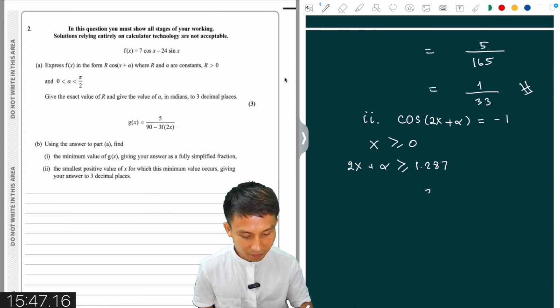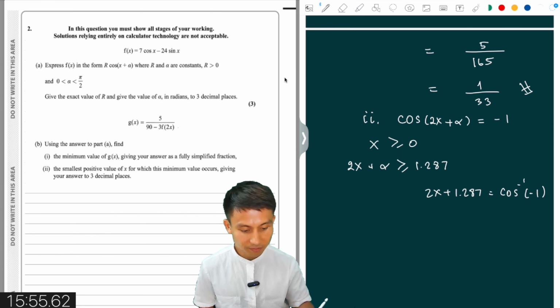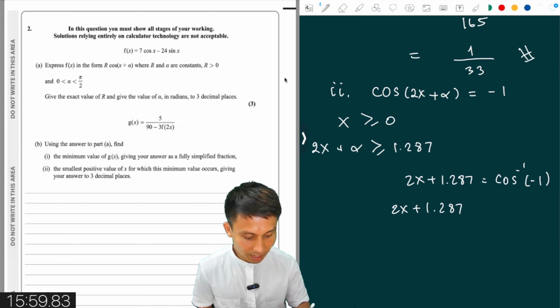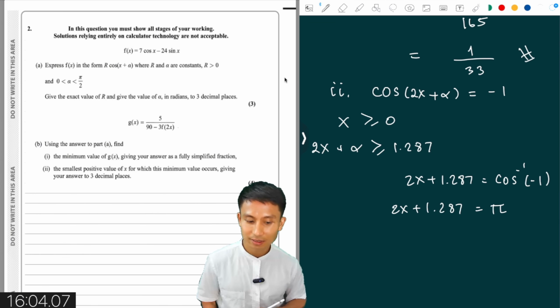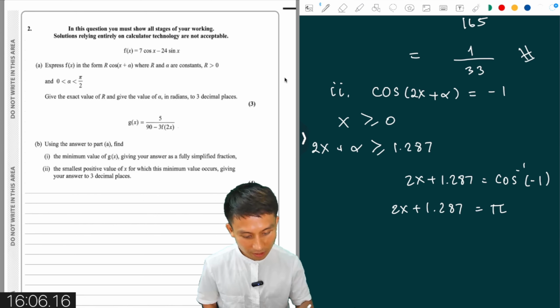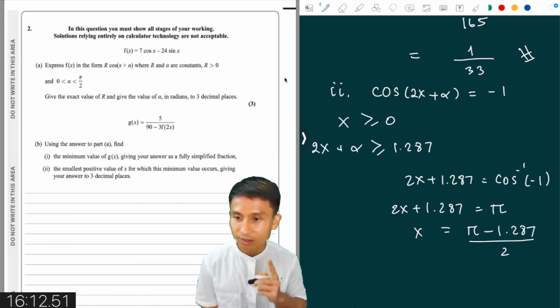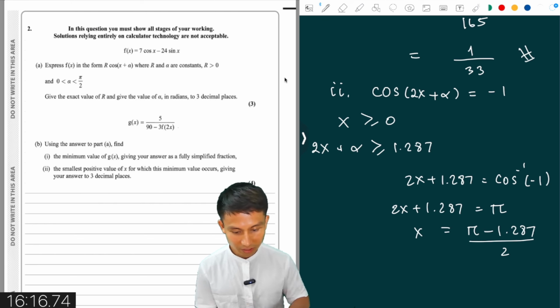So here I have 2x + 1.287 equals pi, because cos pi is -1. And then x is (pi minus 1.287) divided by 2. They just want the smallest positive value for x, so that is it.